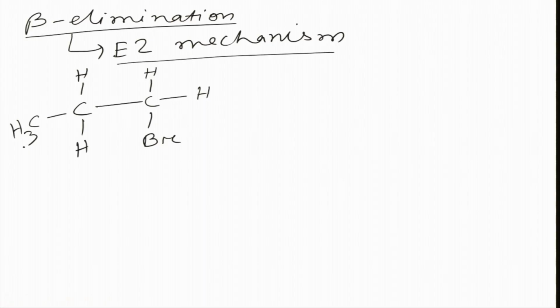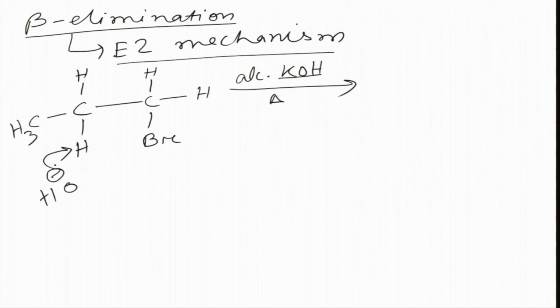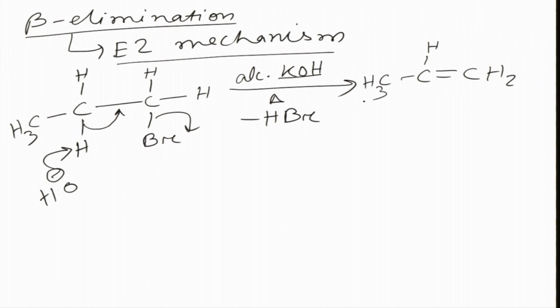Let us say if this is the reactant and we treat this with alcoholic KOH and heat, so what will happen? KOH is a base, so OH minus will take up this hydrogen, this bond will break and this will be liberated, that is hydrobromic acid is being liberated, and propene is formed. Okay.